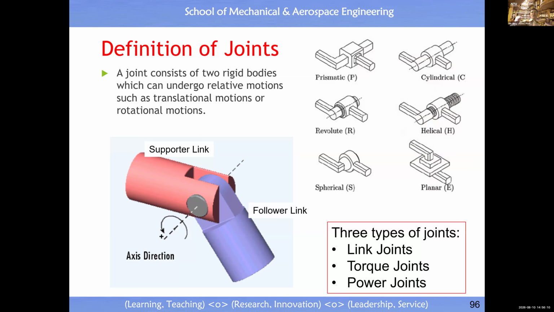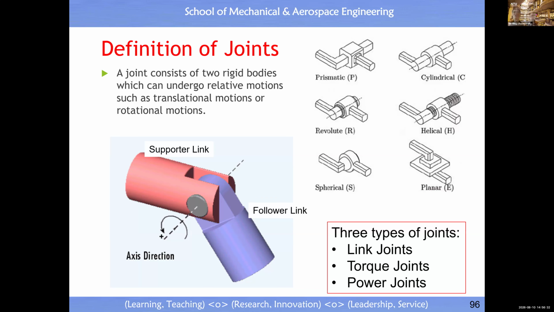We have a link joint, a torque joint, and a power joint. This will help you to better understand the control system of a robot. Otherwise, you will see a discrepancy between the description of the design of a robot mechanical system and the design of a robot control system.